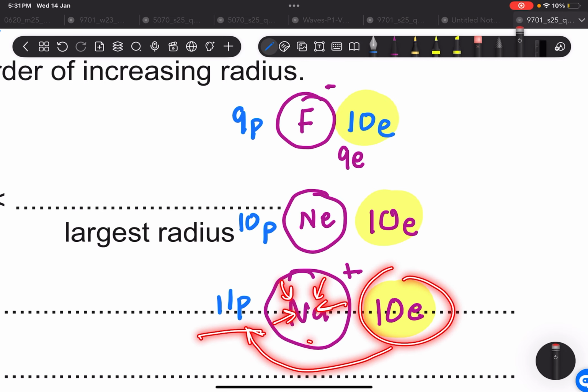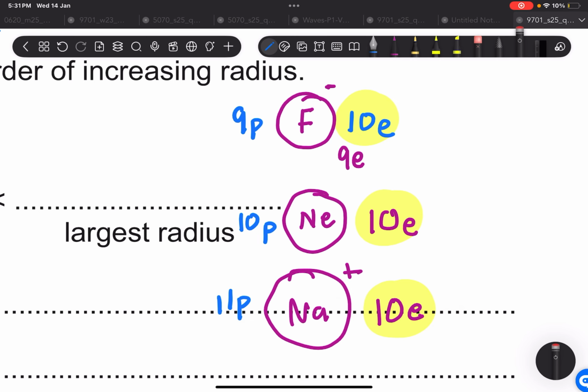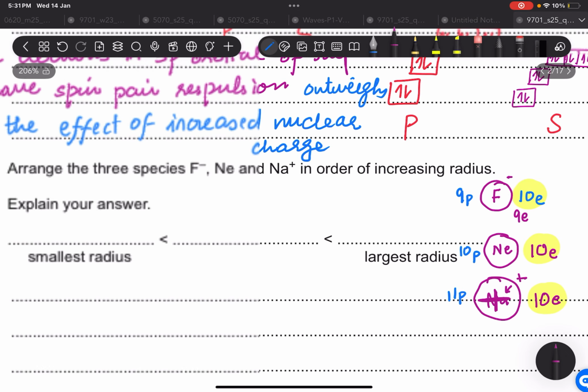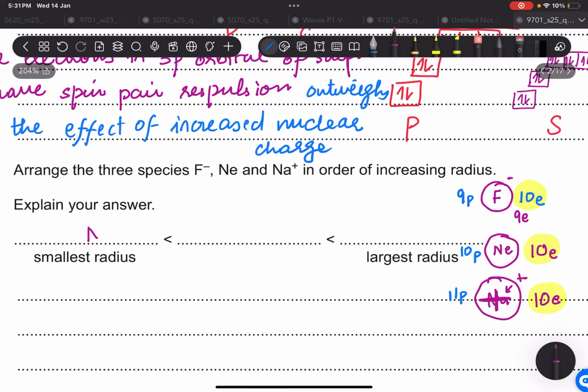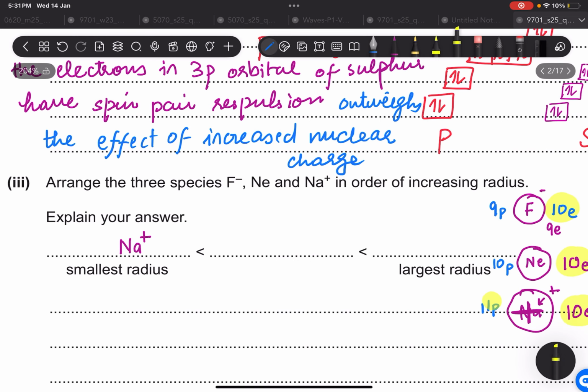The same number of electrons are going to be pulled by more protons, and when they're pulled inside, because this nucleus is going to be more positive, the atomic radius is going to shrink. So the smallest radius is going to be of Na positive, considering it has the highest number of protons.